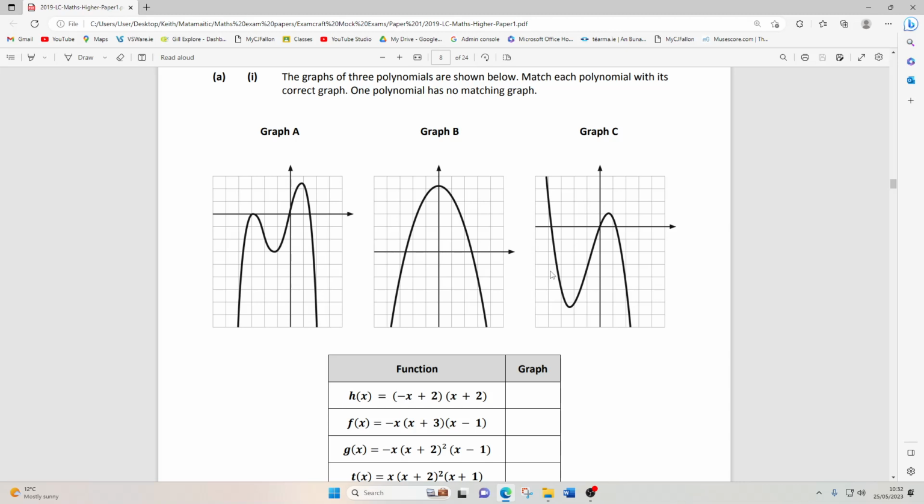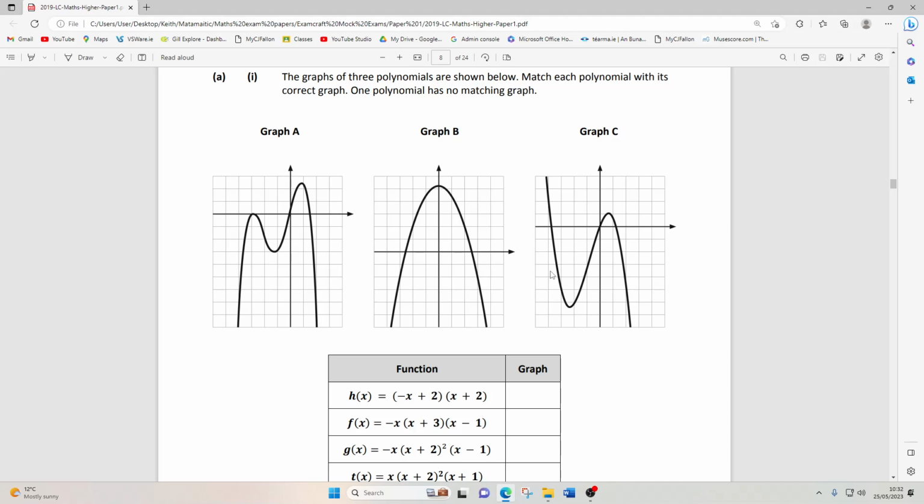U shape is positive, so it's plus x squared. The counter, negative, is minus x squared. Plus and minus, positive and negative, like in engineering and electronics, it's always plus ve, minus ve.